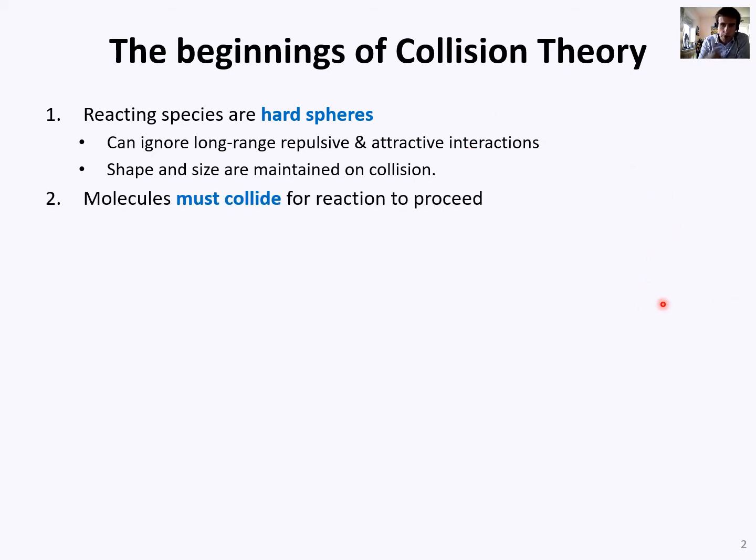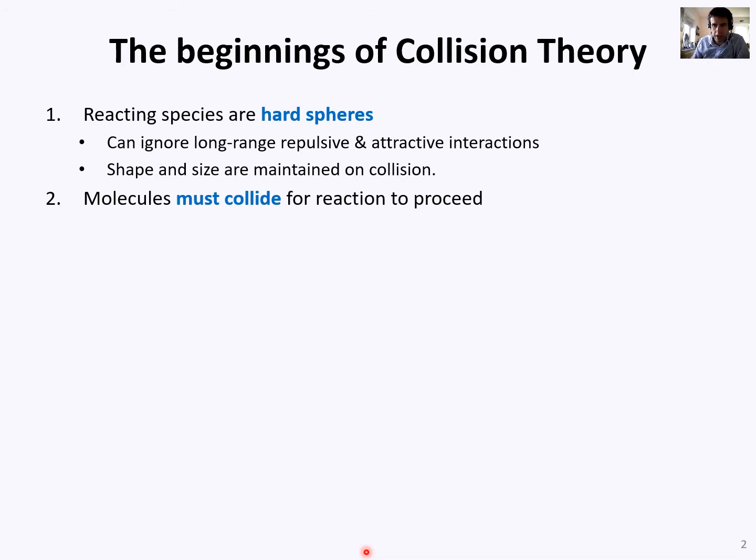The second key point of collision theory is that molecules must collide. Now that's not particularly surprising given the title of the theory, but that is required in order for any reaction to proceed. There's a bit of a caveat to that, as you'll see in the next video, whereby reactants might not necessarily have to collide, but can get driven to collide.